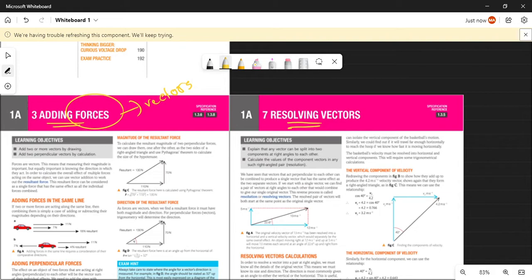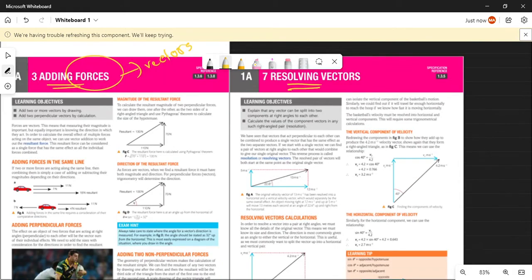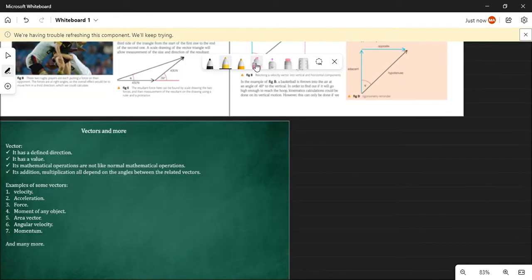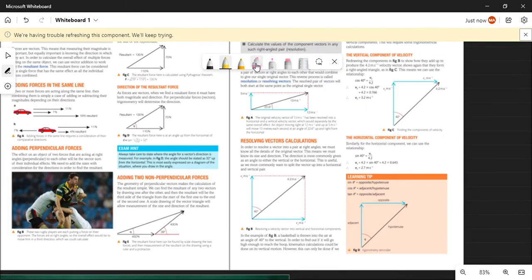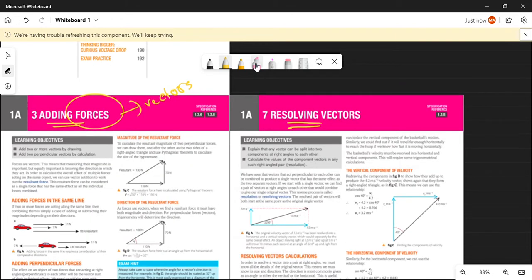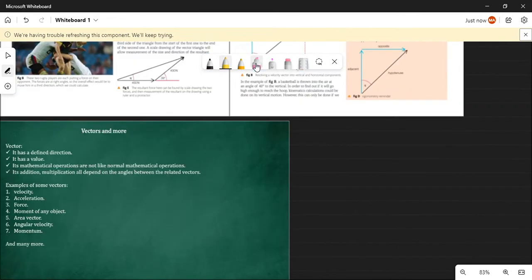Resolving vectors is also the same. So I'll be trying to give you some brief detailed discussion on how to add vectors and how to resolve vectors in different components, and other operations like finding resultant vectors, finding the directions, and so on. Okay, so let's start.